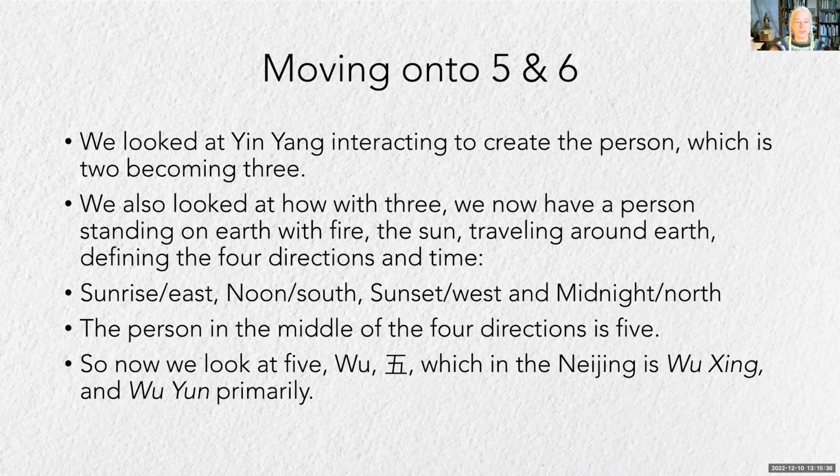And remembering also that when it's an even number, it creates that tension between the polarities that creates movement, that also creates something still in the center of that. And we saw that as 2 were polarized and created 3. Now we have 4 divided into 2.